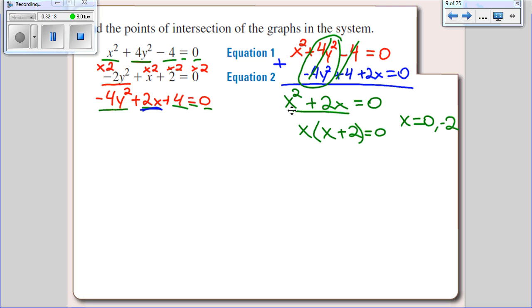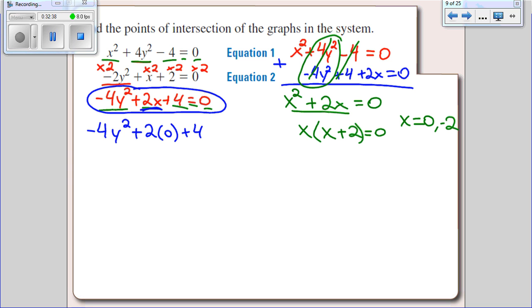And I'm going to sub in x equals 0. So I get negative 4y squared plus 2 times 0 plus 4 equals 0. 2 times 0 is 0, so negative 4y squared plus 4 equals 0. This one's going to be easy to solve because we can get y by itself.